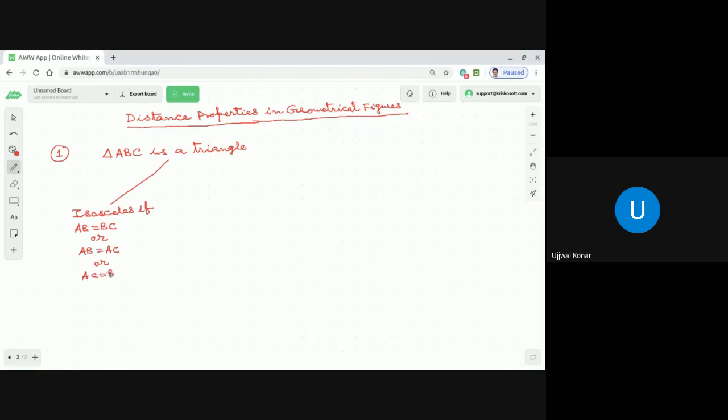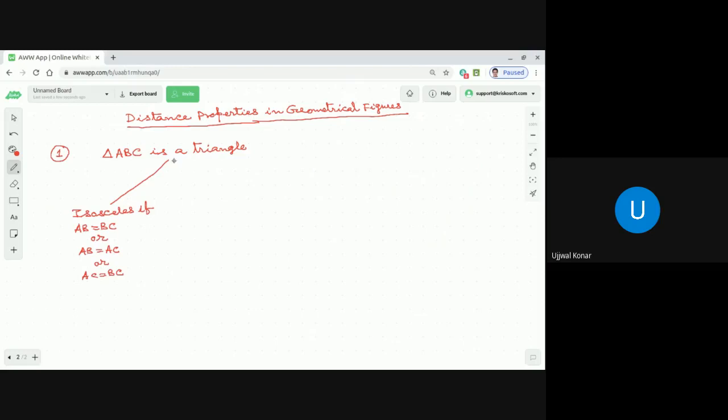That we all know, but as we know the coordinates, by using the distance formula we can find the values of AB, BC and CA. Out of these, if any two are equal, then we can say the triangle ABC is an isosceles triangle.